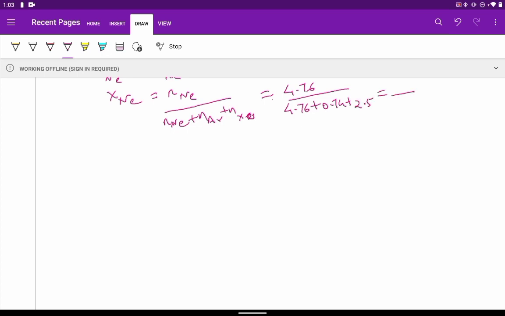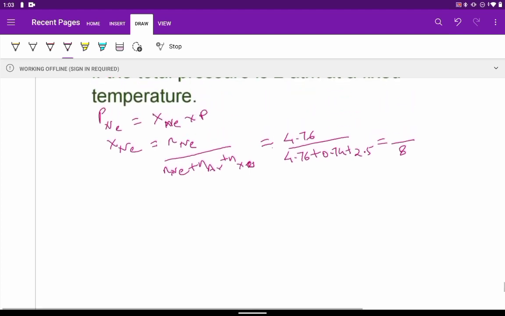So the denominator adds up to 8 and numerator is 4.76. On solving we get 0.595 if we divide. So this is XNe, the mole fraction of neon.